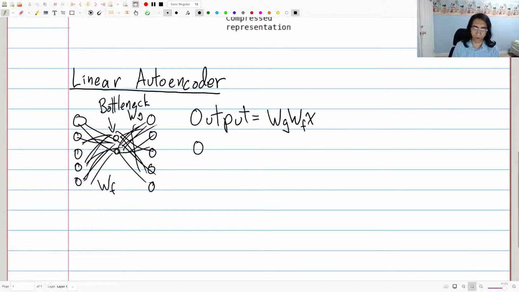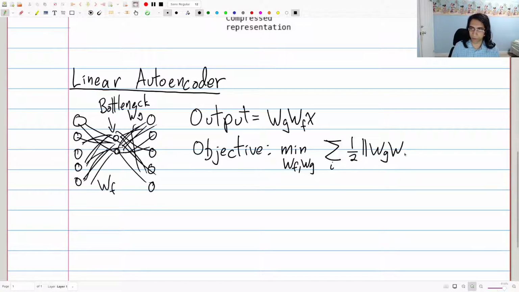Well, our objective, the loss function that we're going to try to optimize, is going to be a minimization over W_F, W_G, say summation over i of 1/2. It's basically going to be the L2 norm of the difference, the L2 norm squared, rather.